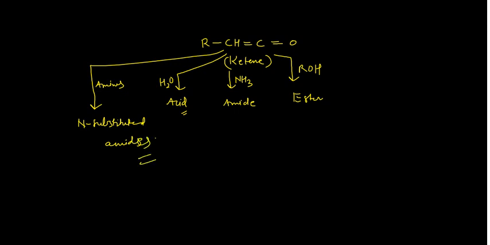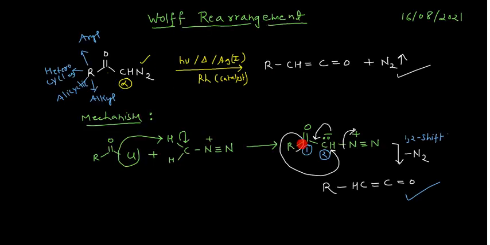And one more thing which you should know. If I go back, you have seen this particular step where this alkyl group has shifted from one position to position 2. This step is a concerted step. That means the bond breaking and the bond formation would occur simultaneously, and the nitrogen will be removed.